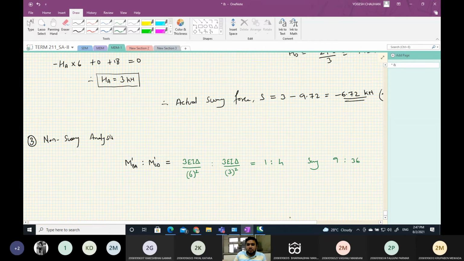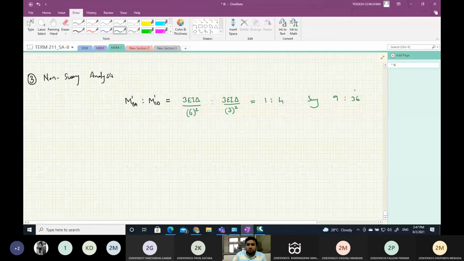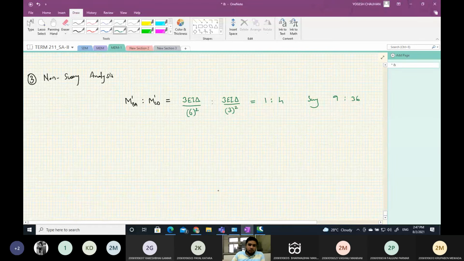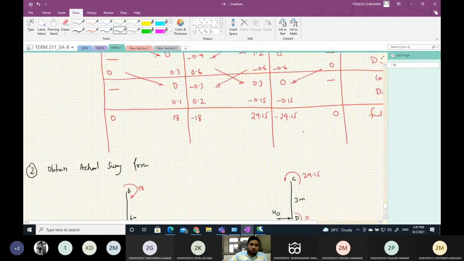Okay, we can take any arbitrary moment, because later on with these arbitrary moments we obtain the final moments and we do the sway corrections. So therefore M BA dash will be equal to 9 kilonewton meter. Now here the frame sways towards the left.